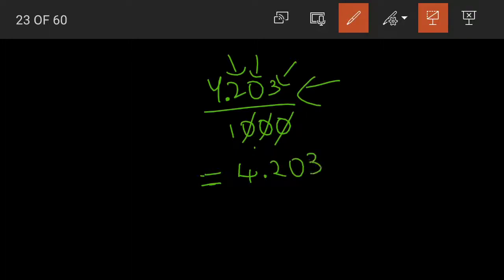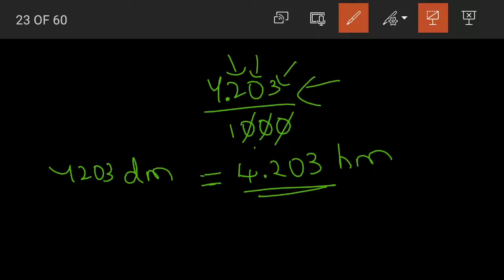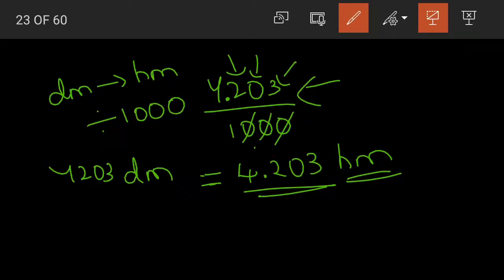So 4.203 hectometers. 4203 decimeters is nothing but 4.203 hectometers. Is this clear, children? What did we do? We have converted decimeters into hectometers. For that we divided the decimeters by 1000. 1000 has 3 zeros. So after 3 digits from the right we have placed our point.